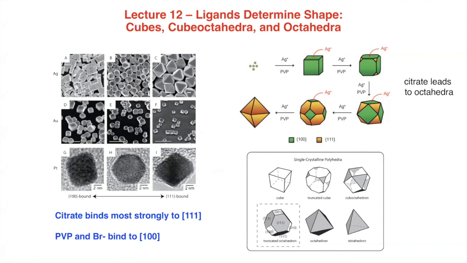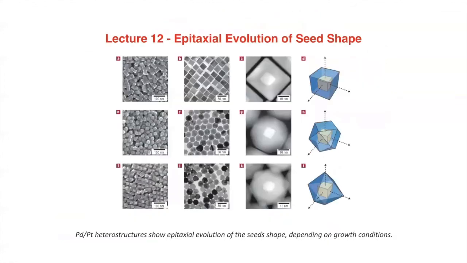Okay, and so citrate ligands tend to lead to these octahedra because of the fact that the citrate probably binds to those surfaces and slows down the conversion of the metal salt on those facets, and it allows the 100 to grow. And vice versa, if you don't have citrate but you have PVP or bromide, you can have the other type of situation. So here, the ligand dictates the shape that you get by favoring a particular surface structure.